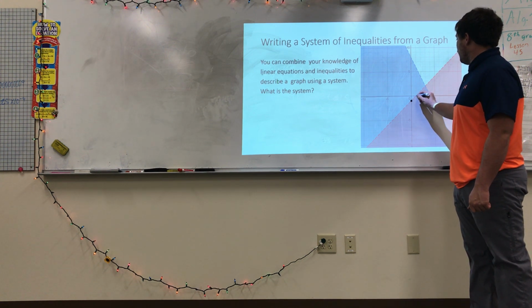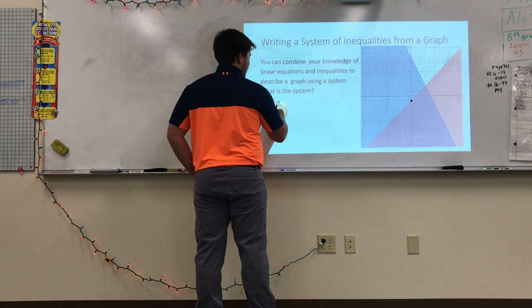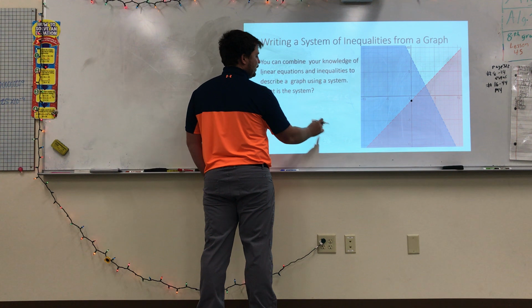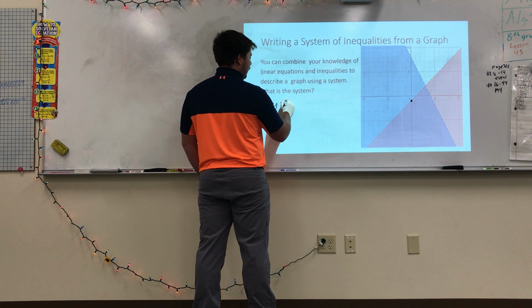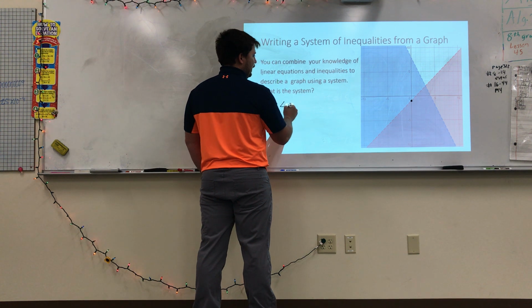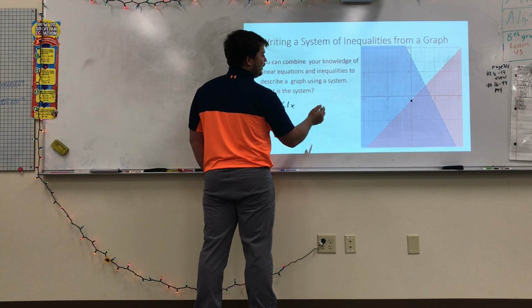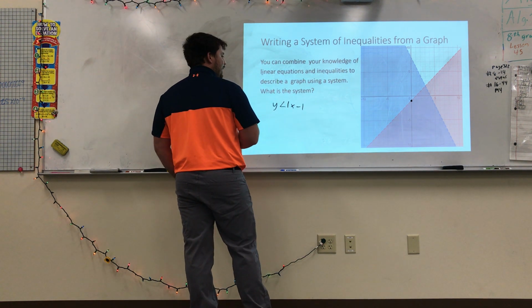Slope looks to be a 1 to 1 in a positive direction. So I have y. Alright, it's got to be greater than or less than because it's dotted, right? So I'm going to go, it's below, so I'm going to go less than. I just said the slope was 1x, alright, and we cross at -1. There's my equation for the red line.